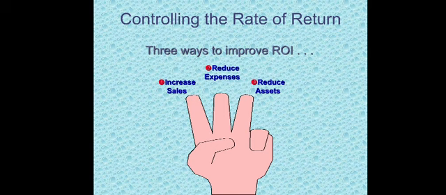Your department and you are evaluated using ROI. The general idea is, the higher the ROI, the better the performance. So how can you improve the ROI of your department and yourself? You can use these 3 ways to improve the ROI.